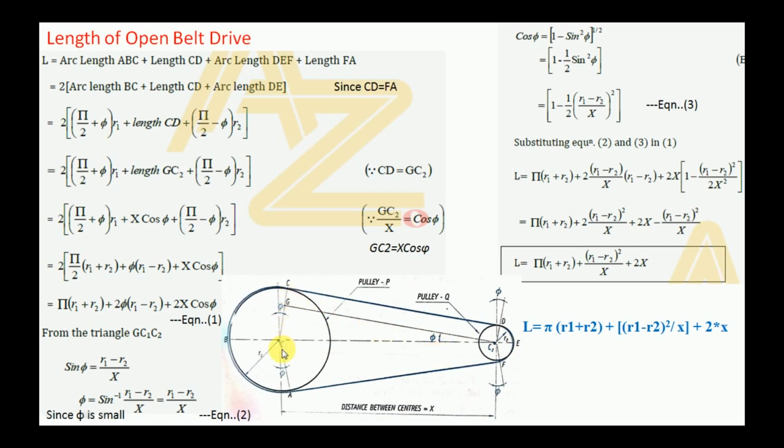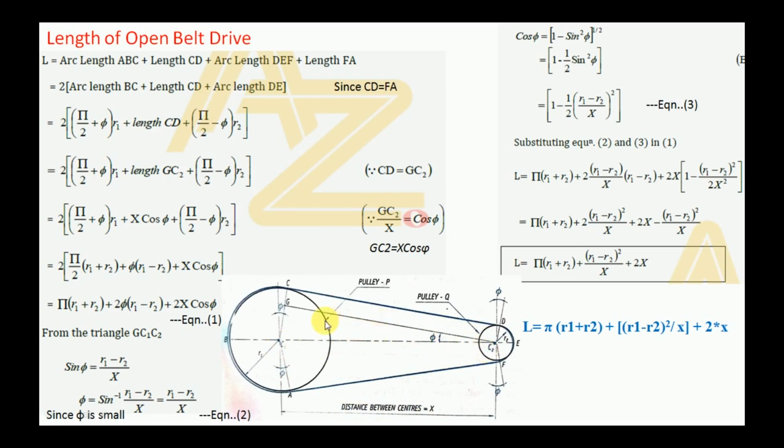For this triangle GC1C2, GC2 is adjacent to this angle, and GC1 is opposite. GC2 is required, and C1C2, the distance x, is the hypotenuse.